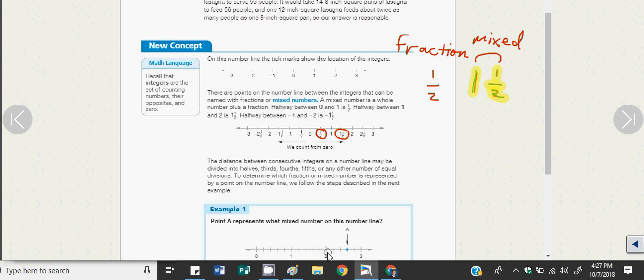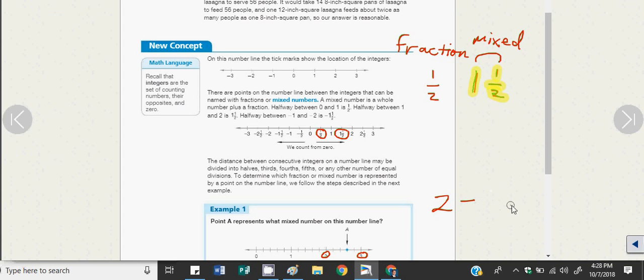First of all, you've got to look what two numbers it is between. It's between a 2 and a 3. So it's going to be 2 and something because it's not all the way up to 3. So we need a 2, and then we're going to tack on a fraction to the 2. A denominator goes on the bottom and a numerator goes on the top.